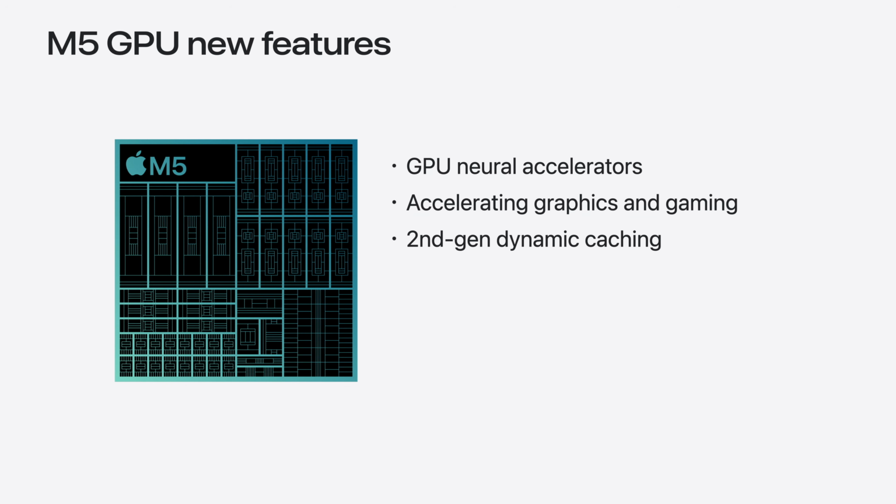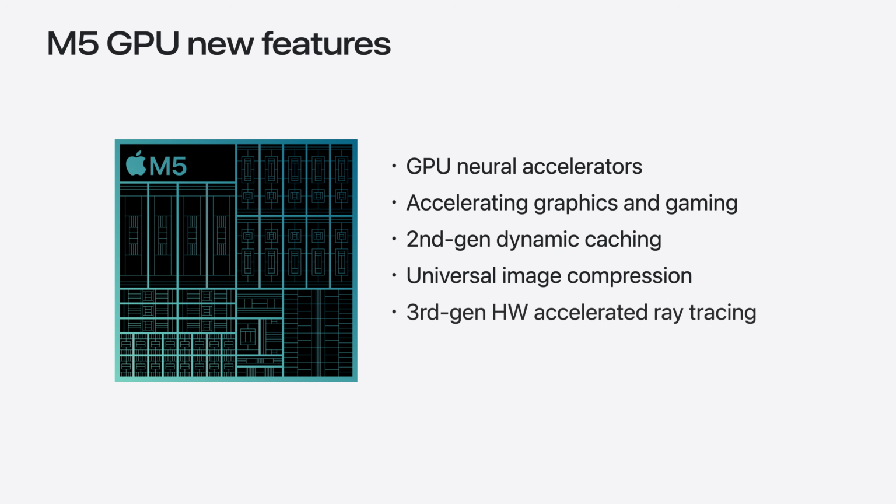Second-generation dynamic caching, which automatically improves performance by adjusting your occupancy based on cache usage. Universal image compression reduces memory bandwidth by compressing texture resources in more use cases, improving power, performance, and thermals. Ray tracing gets faster too, with third-generation hardware acceleration for Metal RT instanced workloads.